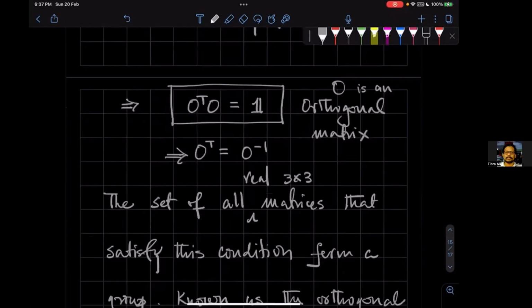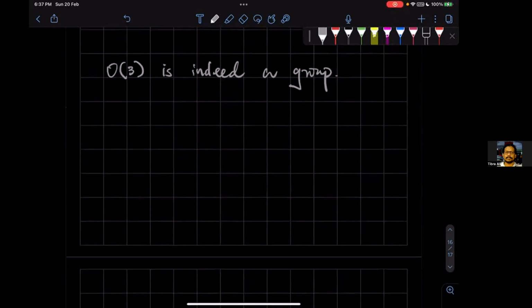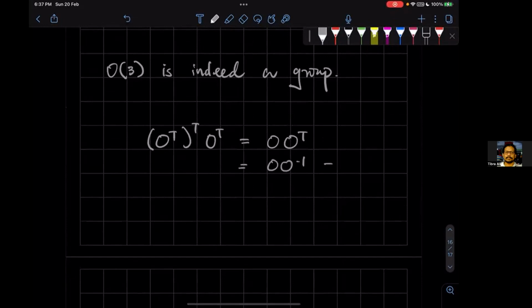Oh, right. Yes, sure. If O is in O3, let's look at O transpose and look at O transpose O. If I do this, then I get the identity, because it's a normal matrix, so this is actually true. Okay.